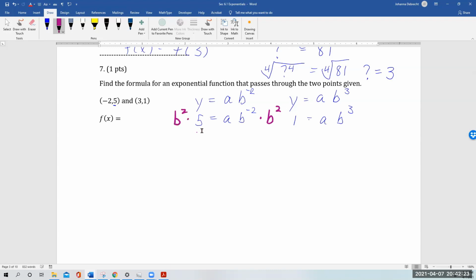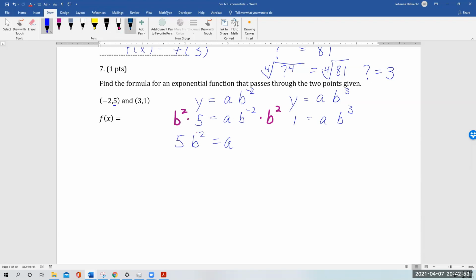If you think of it as multiplying by b squared, remember that when the bases are the same, you add the exponents, and -2 plus 2 gives me 0, and anything to the 0 except 0 is the number 1. This means that I've isolated the a in the left equation so that a is equal to 5 times b squared. Now let's isolate the a in the right equation.